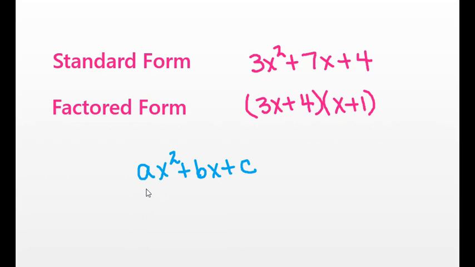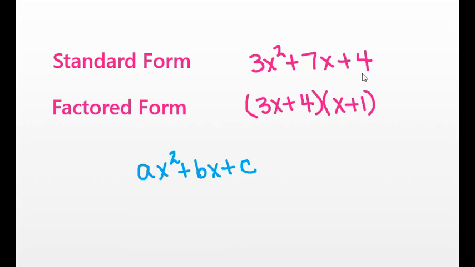When we see these functions written in the trinomial form of ax squared plus bx plus c, we refer to that as standard form. And this is referred to as factored form because these are the factors that we're using to multiply together to get to the standard form.